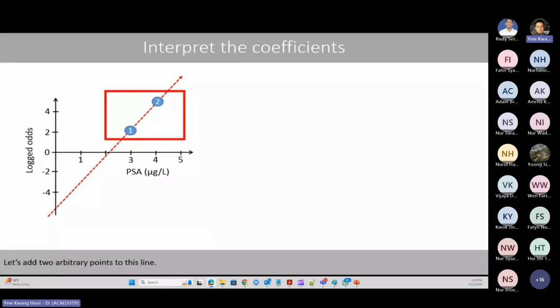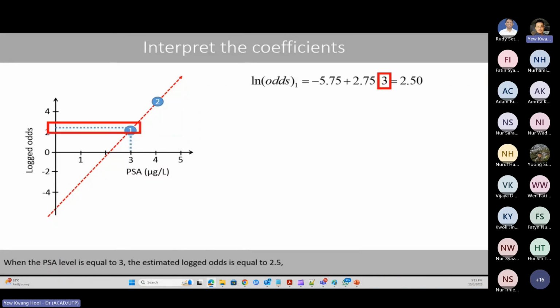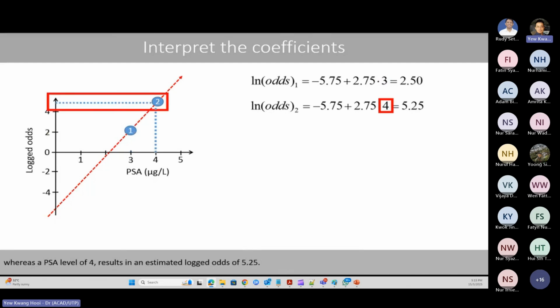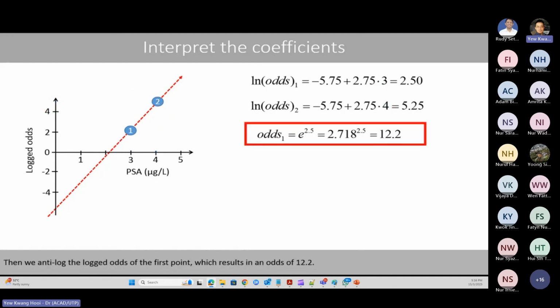Let's add two arbitrary points to this line. When the PSA level is equal to 3, the estimated logged odds is equal to 2.5, whereas a PSA level of 4 results in an estimated logged odds of 5.25. Then we antilog the logged odds of the first point, which results in an odds of 12.2.